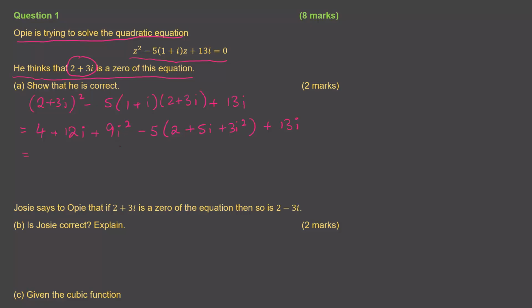So i squared is negative 1, so we're going to have 4 take away 9, which is negative 5, plus 12i, take away 5.